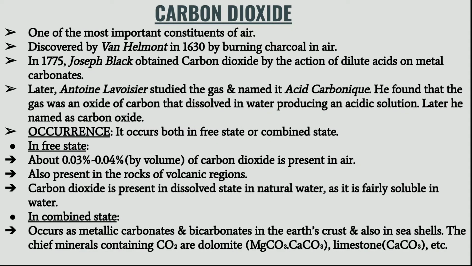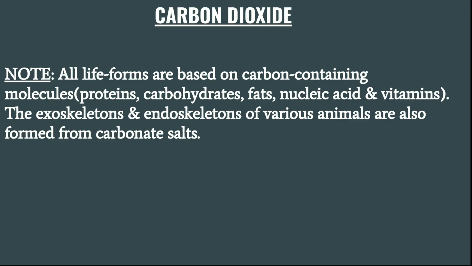Dolomite is a mixture of magnesium and calcium carbonate. Note that all life forms are based on carbon-containing molecules, that is proteins, carbohydrates, fats, nucleic acids and vitamins. The exoskeleton and endoskeleton of various animals are formed of carbonic salts.